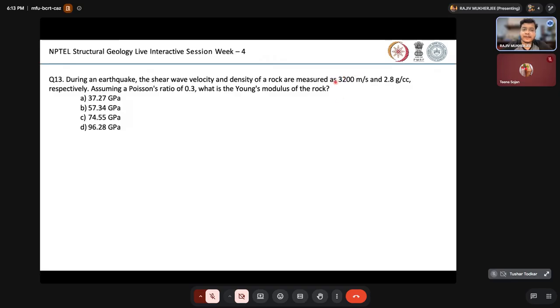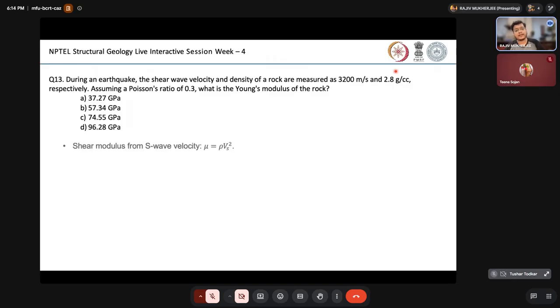So you have the Poisson's ratio, you have the velocity of the shear wave, that means the S wave velocity, and you have the density. So you can actually calculate the rigidity modulus if you know the S wave velocity and the density. And you can use that rigidity modulus to calculate the elastic modulus or the Young's modulus.